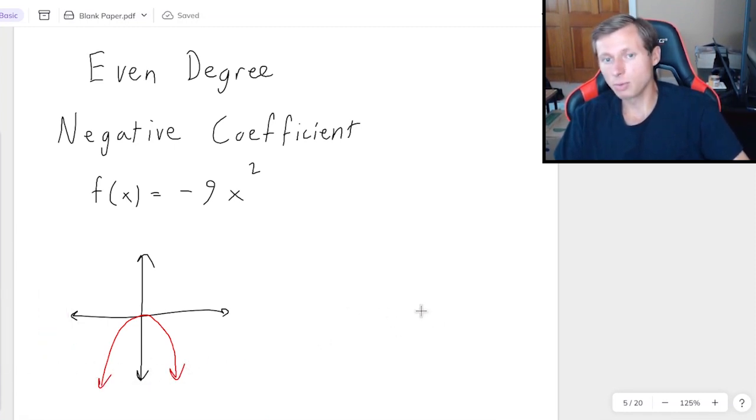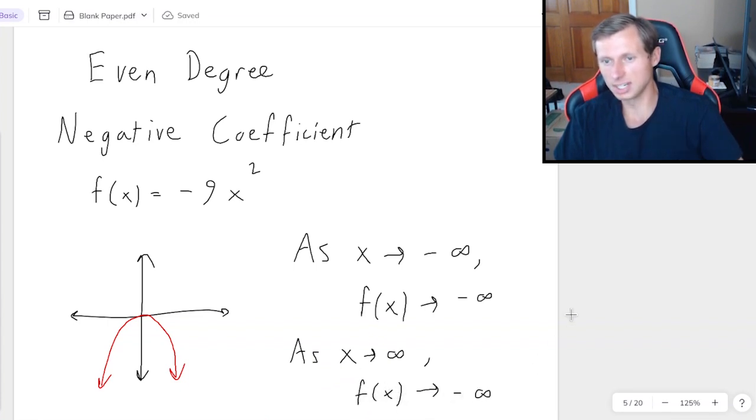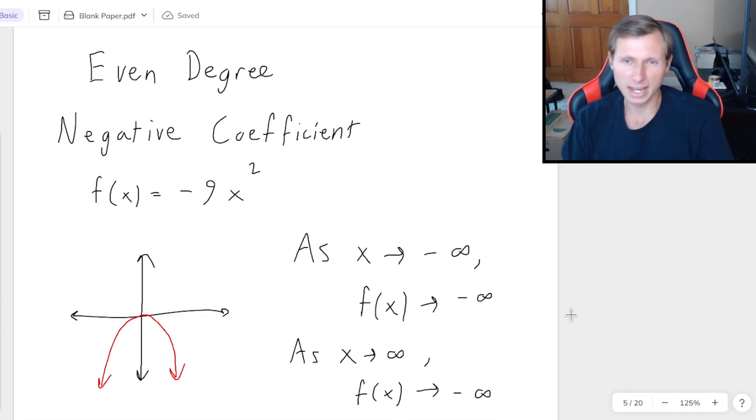And as you can see, we're approaching negative infinity from both sides. So I'll write as x approaches negative infinity, f of x approaches negative infinity. And then as x goes to positive infinity, f of x still goes to negative infinity. And so these are the 4 cases we have for the end behavior.